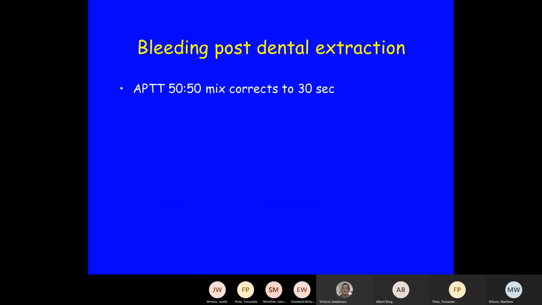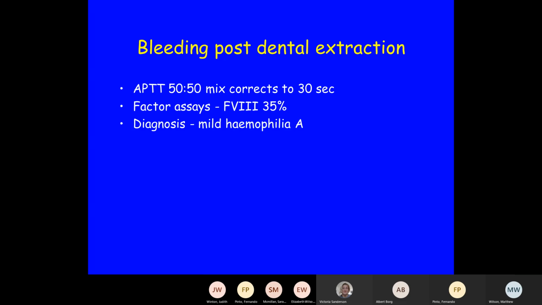Next. So the APTT 50-50 mix corrects to 30 seconds, so the APTT was prolonged. Next. Factor assays, factor 8 is 35%. Next. Diagnosis, mild hemophilia A, is that right? So it's a 40-year-old with a low factor 8.